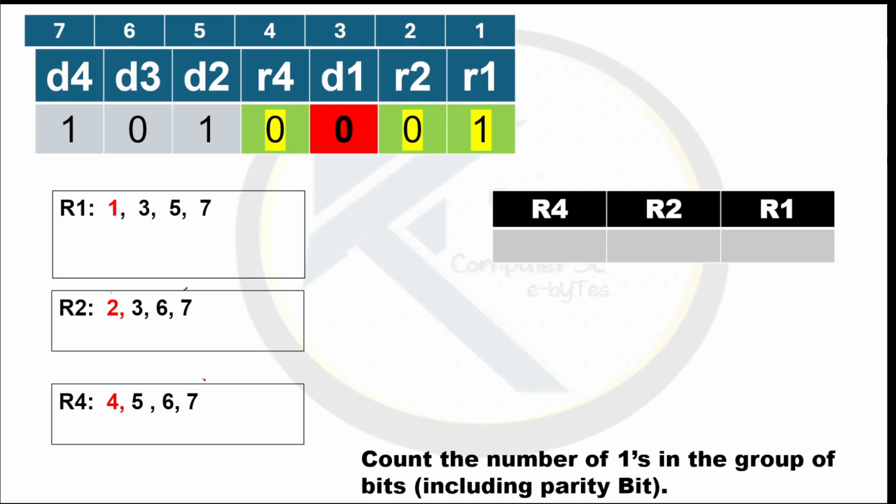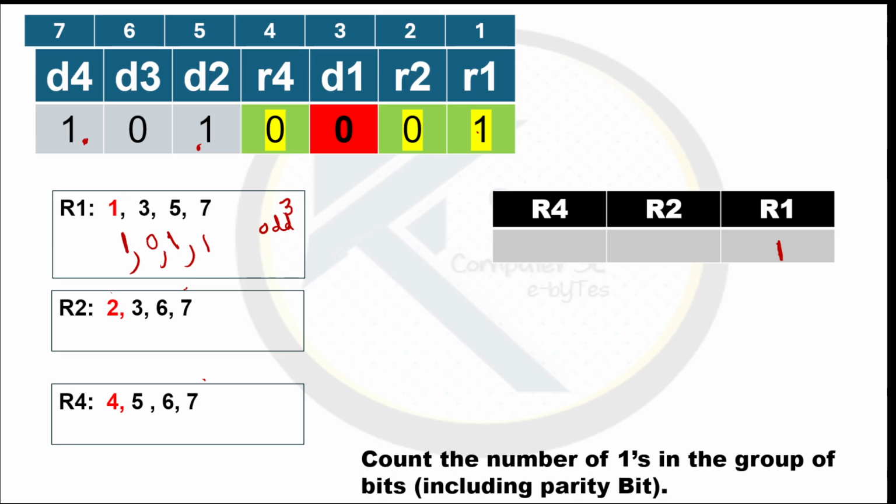This time when we count, we have to count the R1 also. Okay. So R1 is 1. Then at location 3, we have 0. Location 5, we have 1. And at location 7, we have 1. So how many ones? 3. So this is an odd number. So for R1, we will just set it over here in a separate table. We'll make it 1.